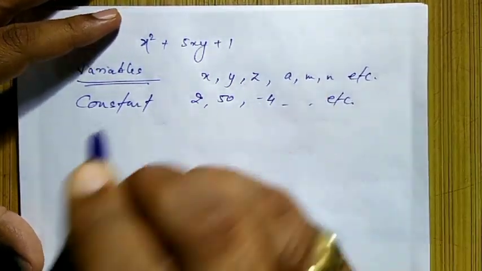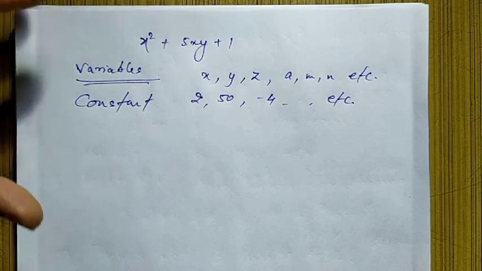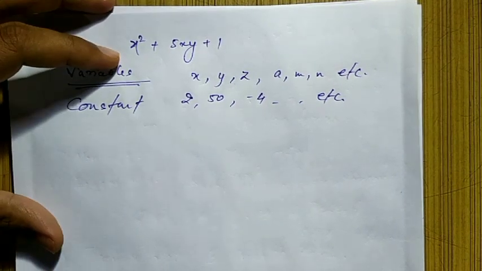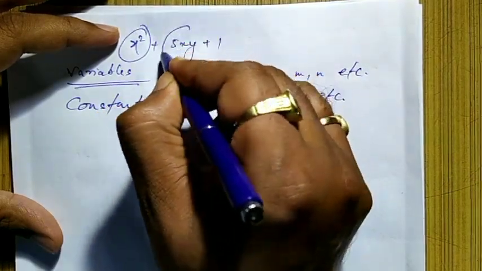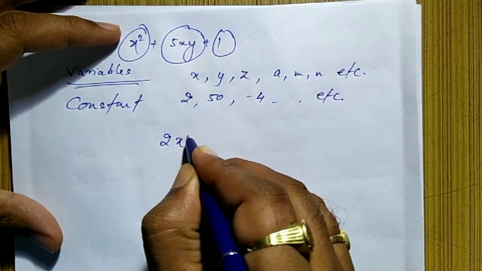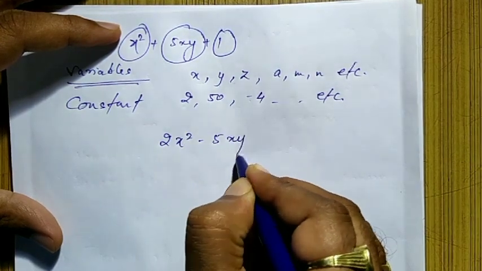Now after that we saw the terms. Suppose 2x square minus 5xy is written.